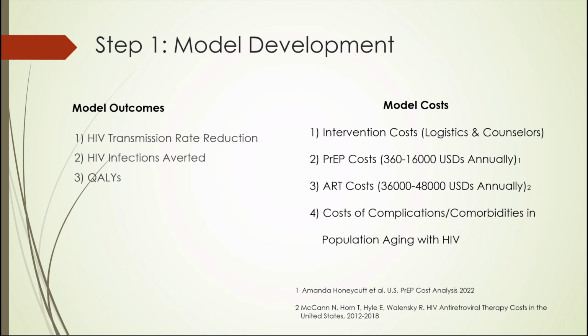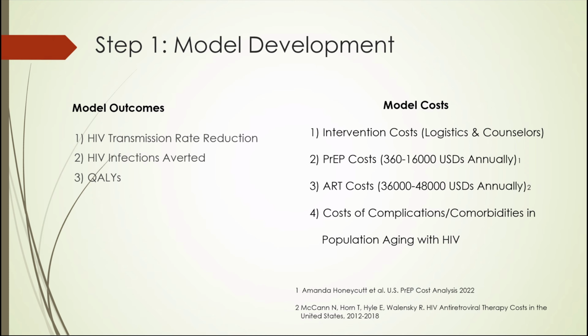We also reported QALYs. For model costs, we used intervention costs such as logistics and counselor salaries. We used PrEP costs, for which we see a wide variety of numbers because a generic version of PrEP was introduced into the market. We also used ART costs, which are extremely high.